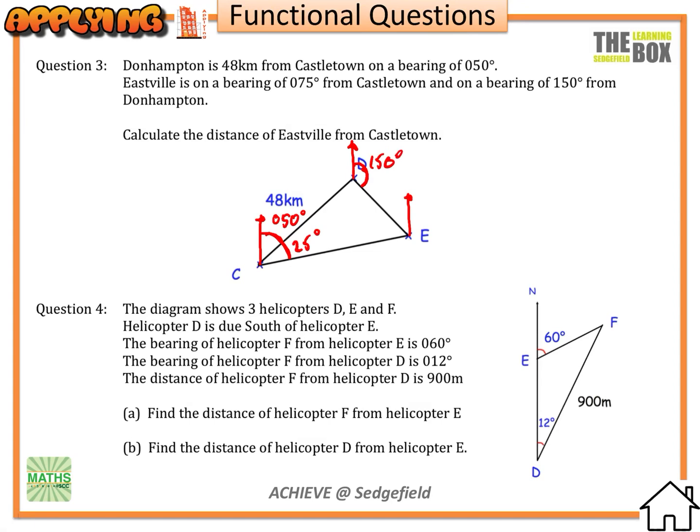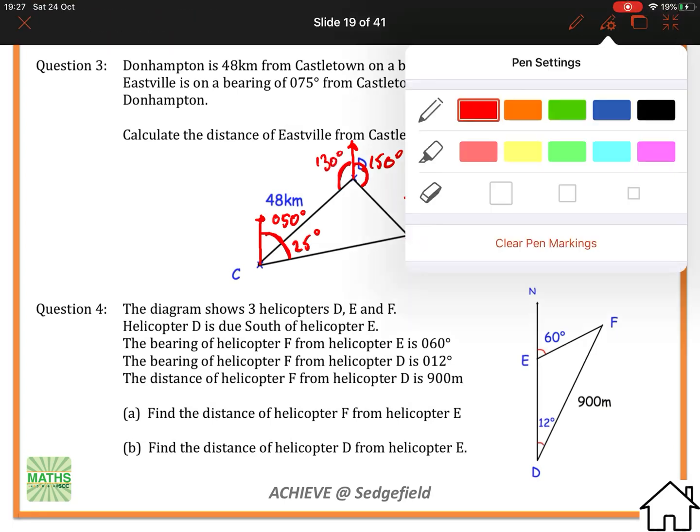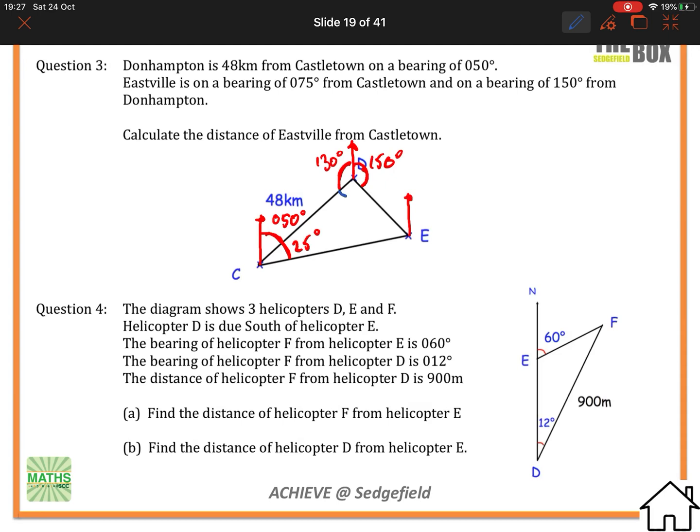Okay, so let's see what else we can find out. First of all, I know that this angle must be 130 degrees, and angles around a point add up to 360, so that must be 80 degrees. So 105, so that must mean that's going to be 75 degrees.